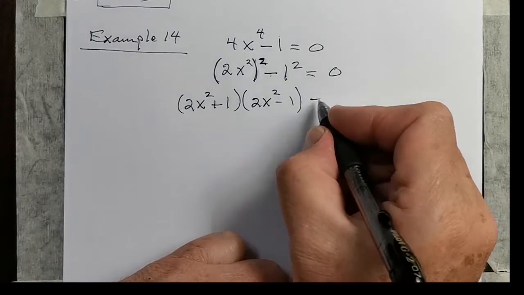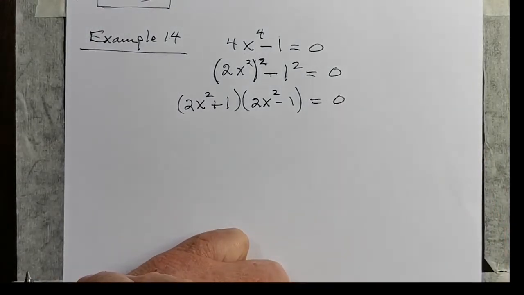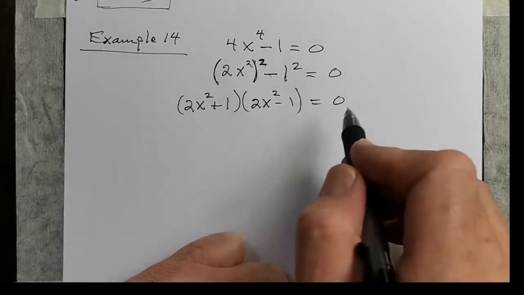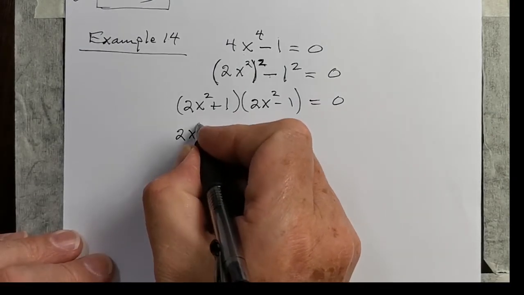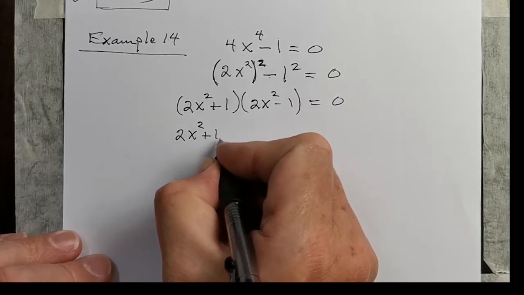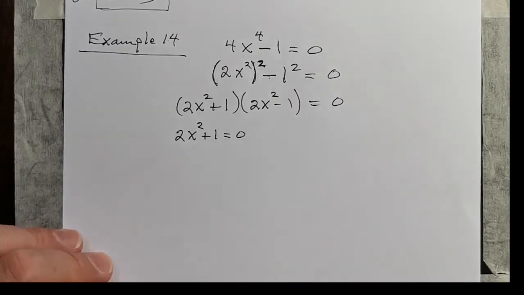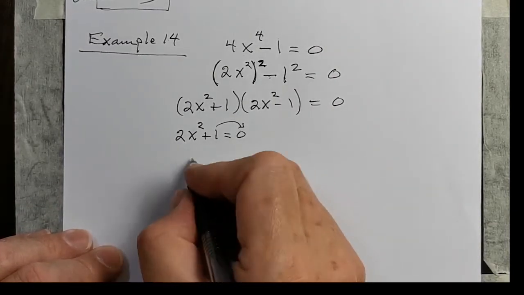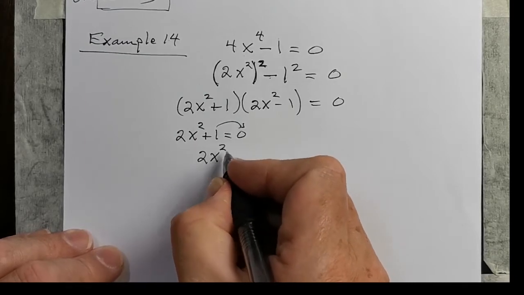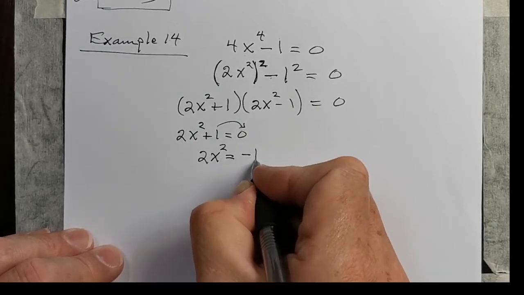Product equal to 0. So that means that either of these two could be 0. In the first case, what if 2x squared plus 1 were equal to 0? Take the 1 to the right, and I get 2x squared is equal to negative 1.